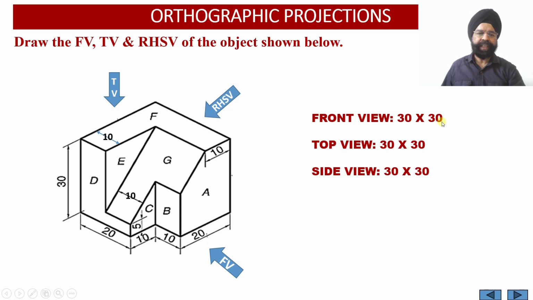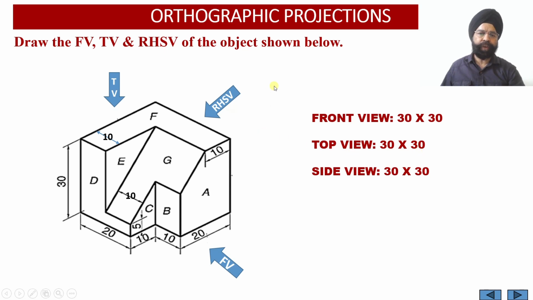30 millimeter. Now when we look at the solid from the top, the width of the solid happens to be 30 millimeter and the depth of the solid also happens to be 30 millimeter. So just like the front face, the top view face of the solid will again be a square having edge equal to 30 millimeter.